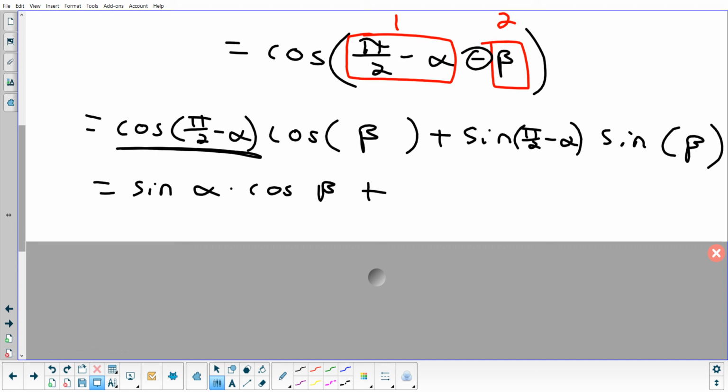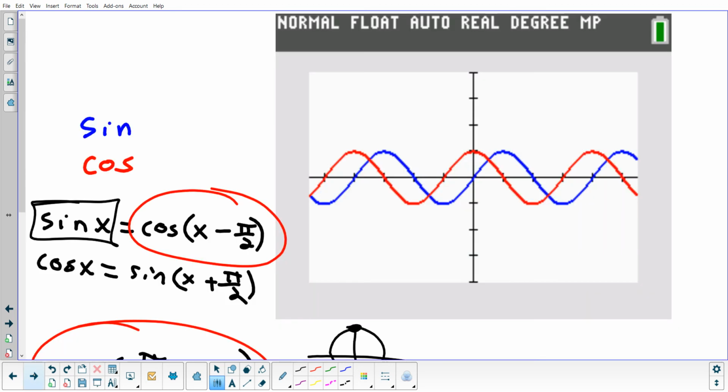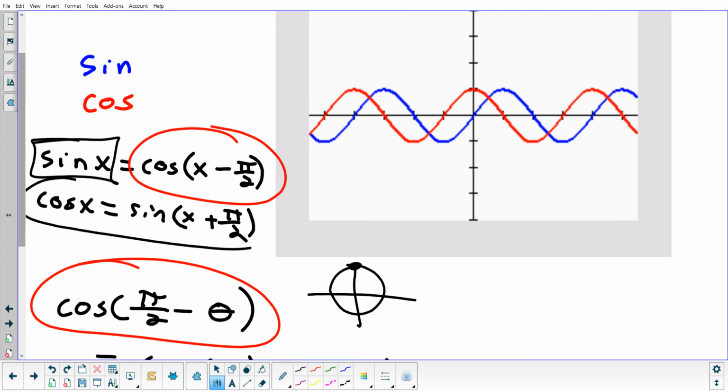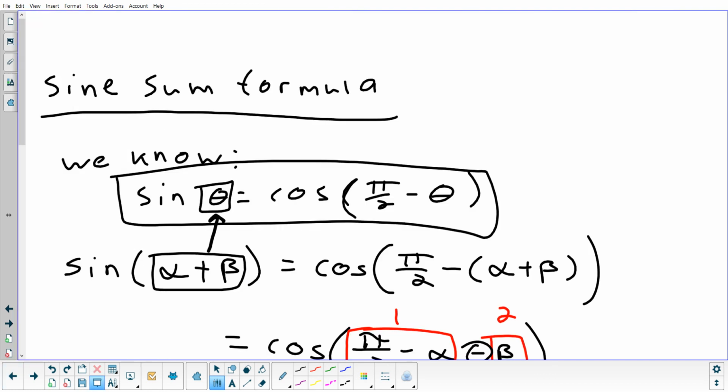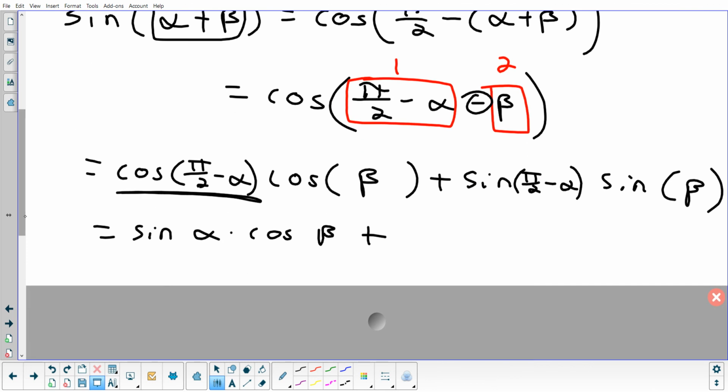Now, this one, I didn't directly prove it. I kind of tried to explain the idea of it right here. I know my version is written a little bit different, but what do you think? What do you think that the sine of pi over 2 minus alpha turns into?